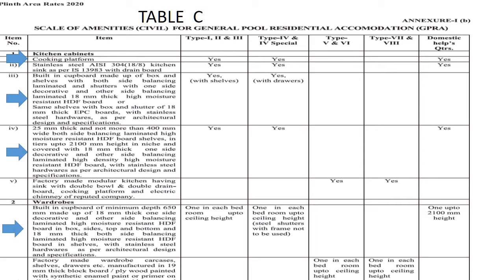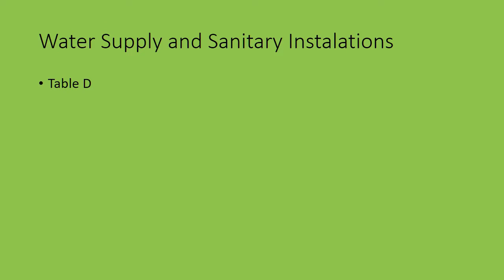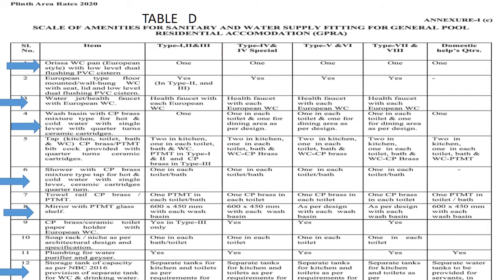This is table C, general pool of residential accommodation, kitchen cabinets, wardrobe, etc. Water supply and sanitary installations, table D. See here, the details have been given for type 1 to 3, 5 and 6. This has to be verified with what is provided in the flat in question.